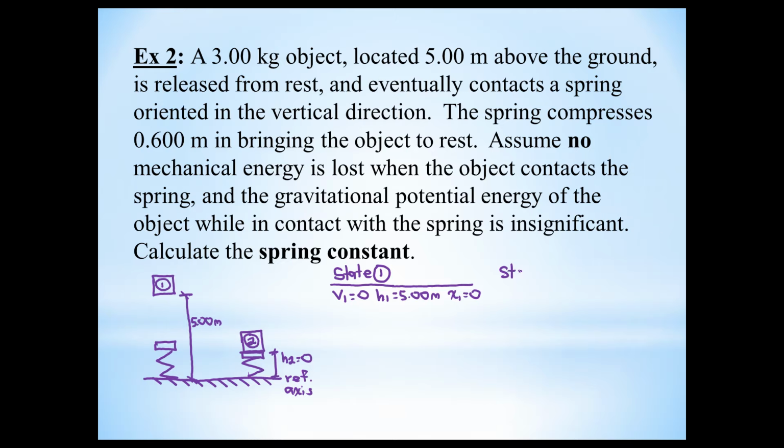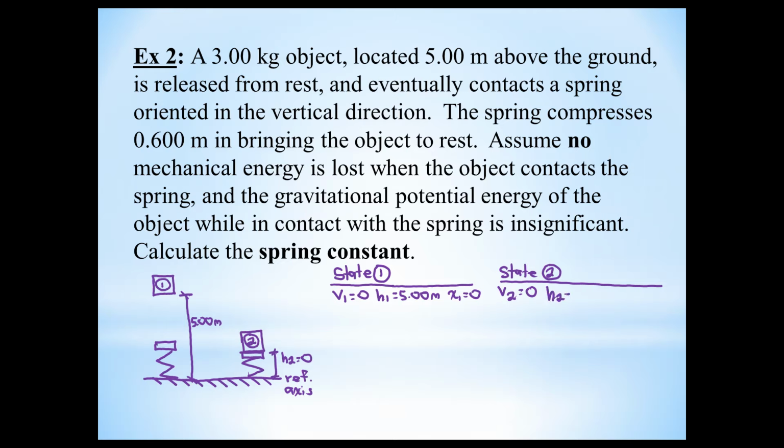State 2. It also says after the object hits a spring, it brings it to rest. So that's going to be V2 equals 0. It says that we can assume the gravitational potential energy is insignificant, so that's H2 is 0.